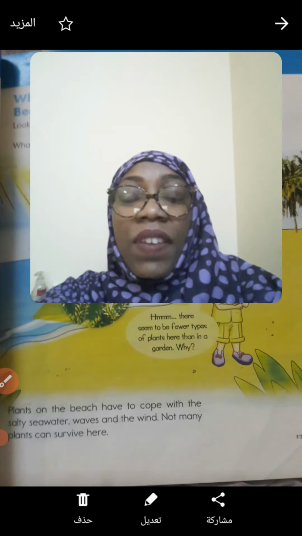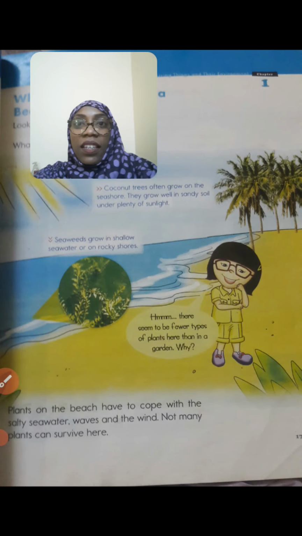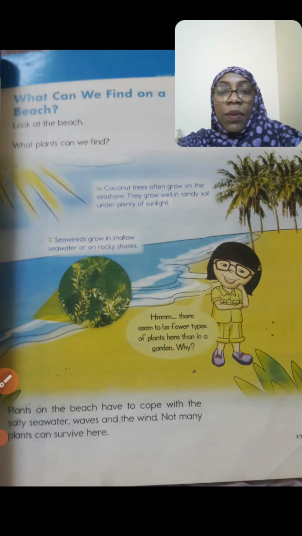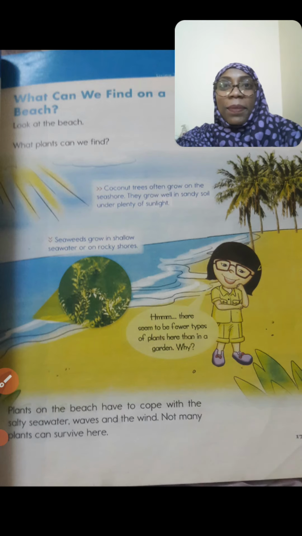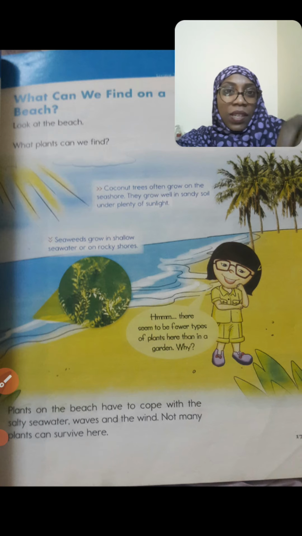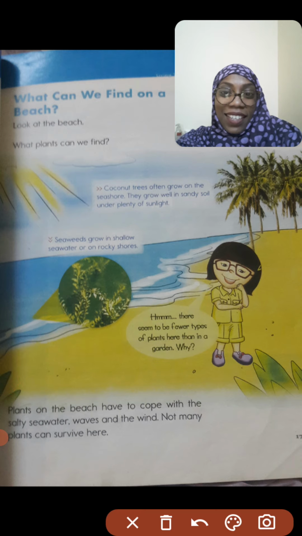Page 17. Okay, what do you see in this picture? Yes, we have this girl. I don't know her name, maybe you know her name. She is beside the sea.